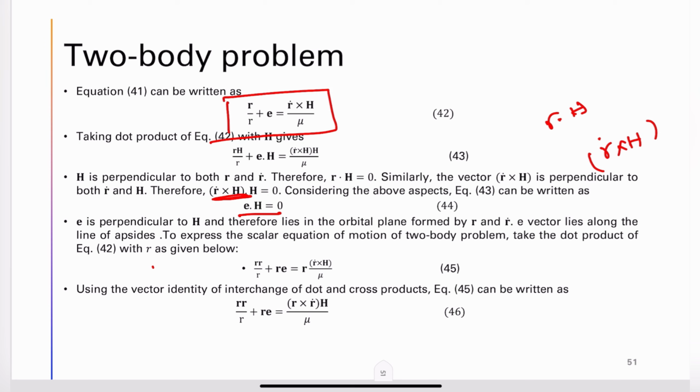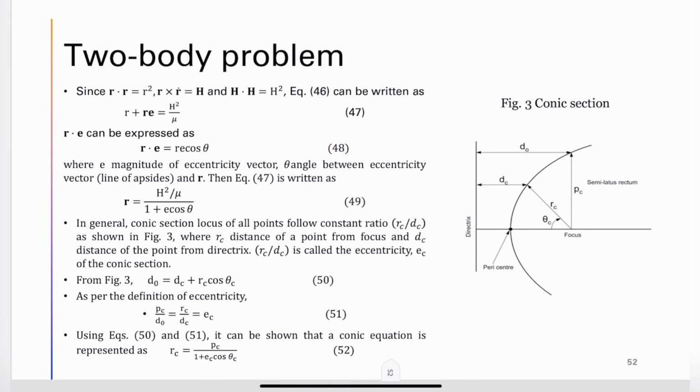That is equal to r dot cross h divided by mu. Using the vector identity, we can interchange the dot product and cross product here, so that we get r cross r dot into h divided by mu. So r into r is nothing but r square, r cross r dot is nothing but h, and h dot h is nothing but h square. So this expression can be written as r plus r dot e is equal to h square by mu.